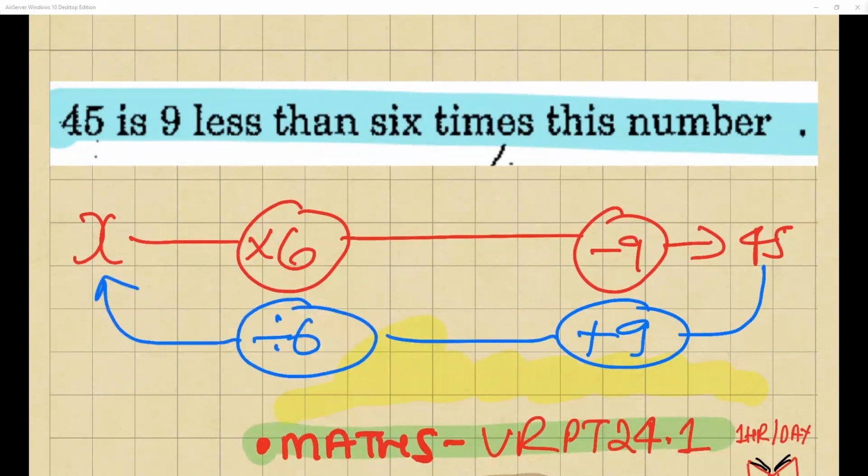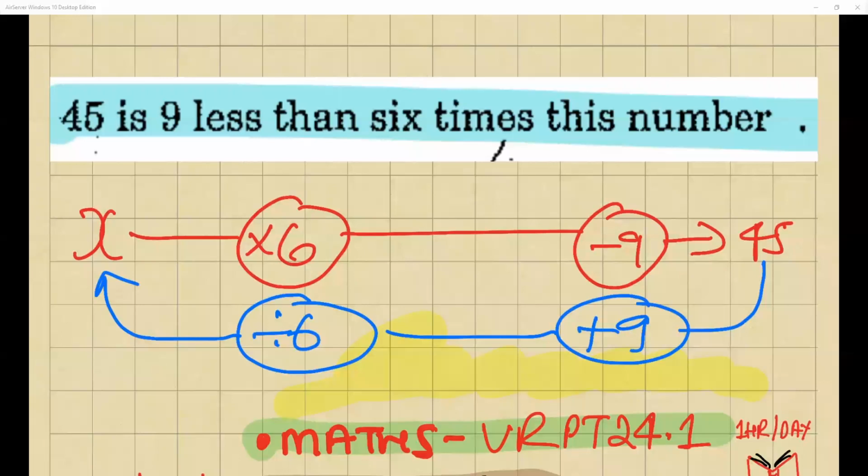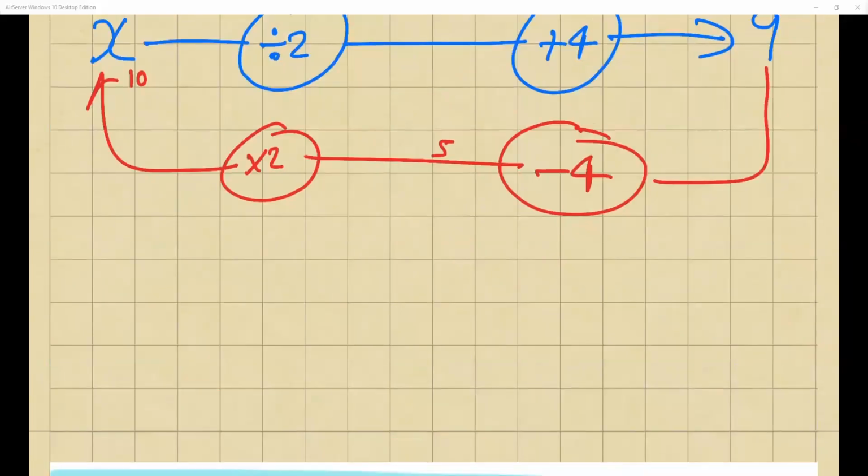What's 45 add 9? 54. And then 54 divided by 6? 9. Fantastic.